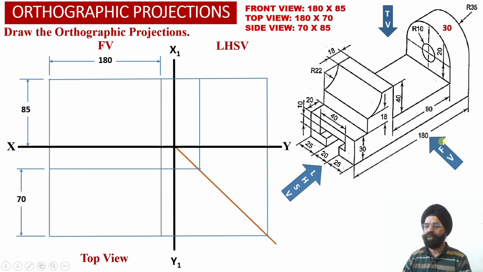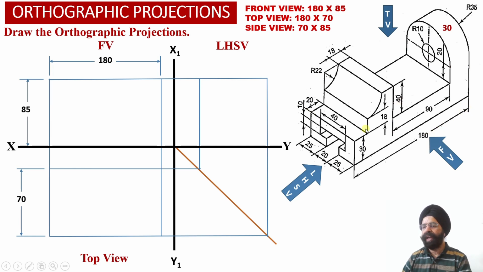Now as we look at the solid from the front, we observe that the thickness of the vertical web, which is element number 3, has not been provided to us directly, but we know that total width of the solid is equal to 180 millimeter.